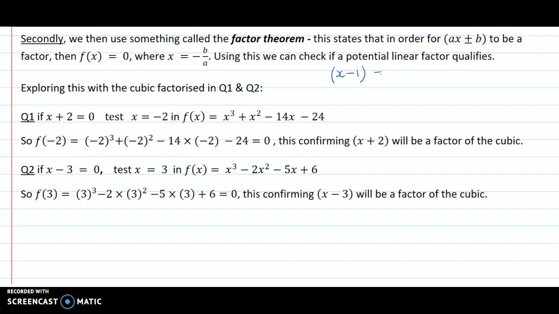I would make that factor equal 0. So you might recognise that as part of that null factor law process from solving quadratics. And what you're trying to do is reverse that and go, okay, if x minus 1 equals 0, that means that if I add 1 to both sides, what I'm actually subbing into my function is x equals 1.